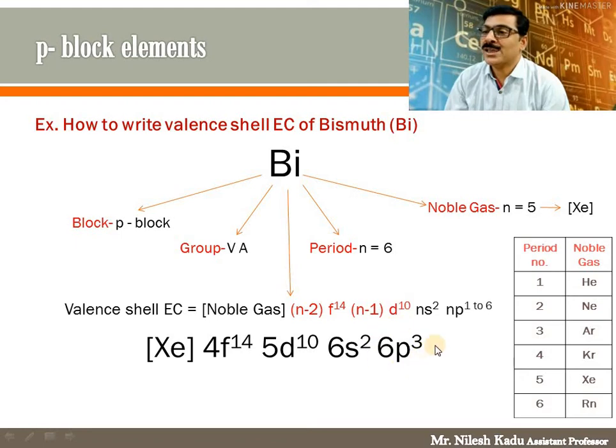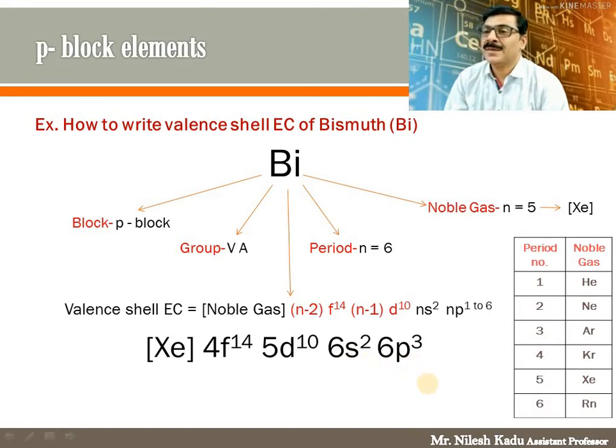So the total electrons in the valence shell is 2 plus 3, that is 5, and the group number of bismuth is 5. In this way, you can write the valence shell electronic configuration of bismuth. So the noble gas is xenon. You can mention the noble gas xenon in square brackets, then 4f14, 5d10, 6s2, and 6p3.